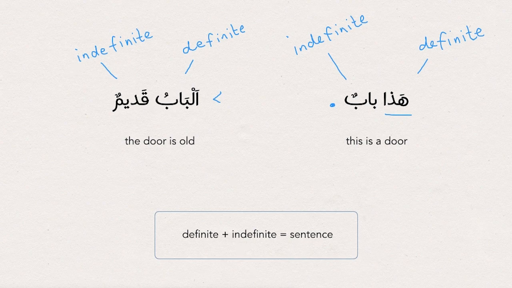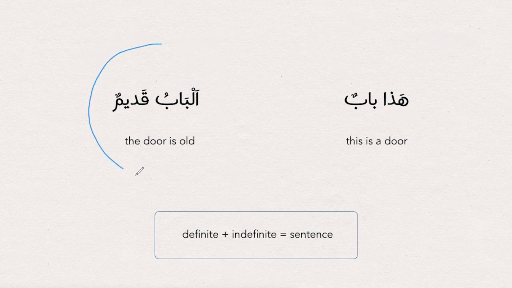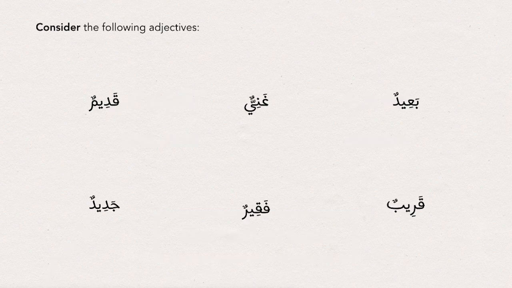Now, let's zoom in on this example here, because the word qadimun is a describing word. We're using it to describe the word door. The door is old. And when you're starting to learn Arabic, it's useful to learn quite a few describing words. So let's have a look at different words here.